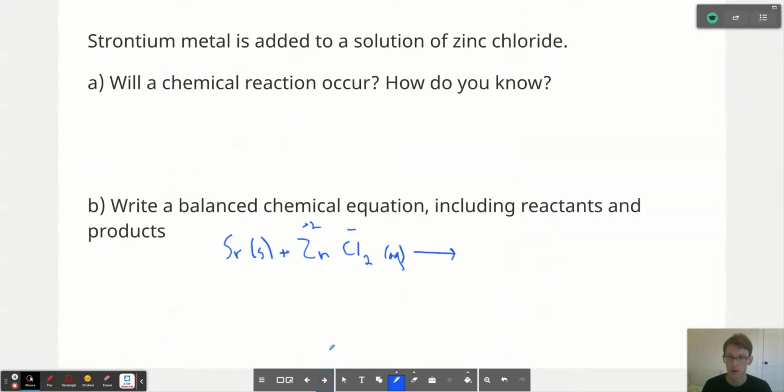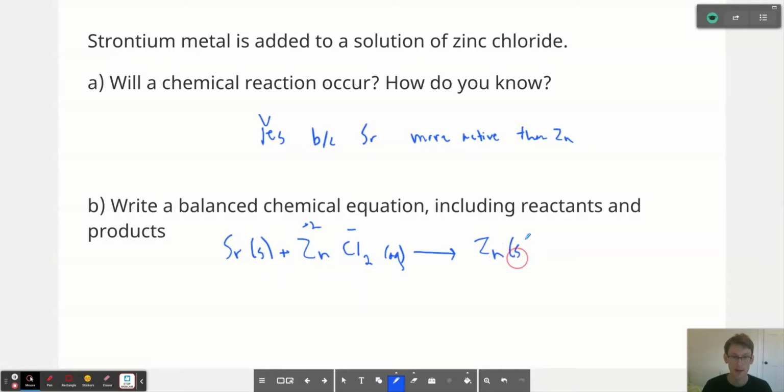And so I know that a chemical reaction will occur because Sr is more active than zinc.